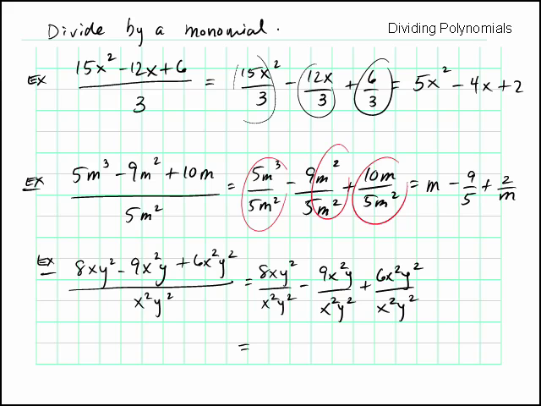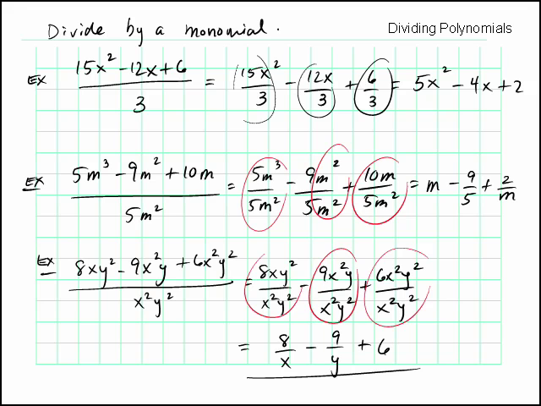If we simplify this fraction, that is going to be an 8 over x. If we simplify this fraction, I think that's a 9 over y, isn't it? And if we simplify this right here, that's just a 6. And that is my answer. I've divided the polynomial by the monomial.